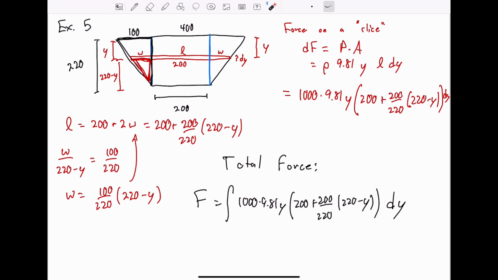Well, we integrate with respect to y, and y starts at a height of 0 and goes all the way to the entire depth of the dam, which is 220 meters. So the limits of integration are from 0 to 220. If we evaluate this integral, we get a total force of approximately 63.3 billion newtons. That's how much force is exerted by the water on the Hoover Dam.